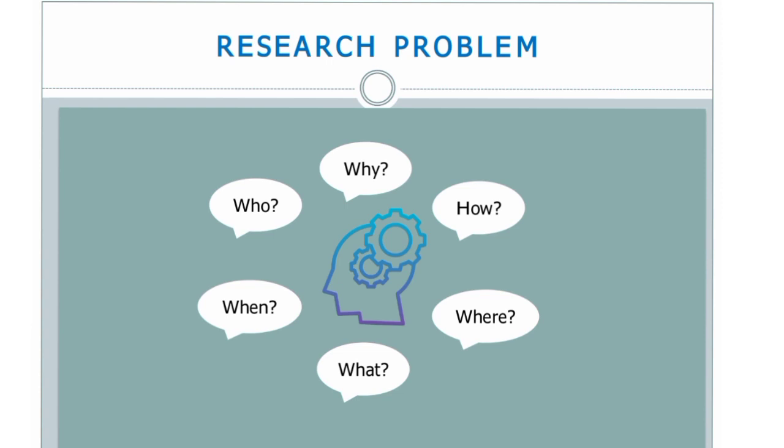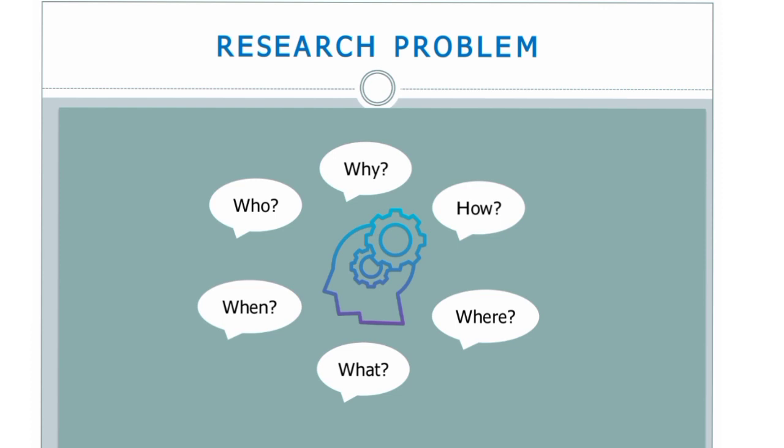Why means there is a purpose, goal, aim or objective to solve this problem. Why are we considering this problem? What is the objective of this problem? And how means the options of actions one can take to solve the problem. Suppose we are taking a problem, what are the different actions that we can apply to reach the solution?